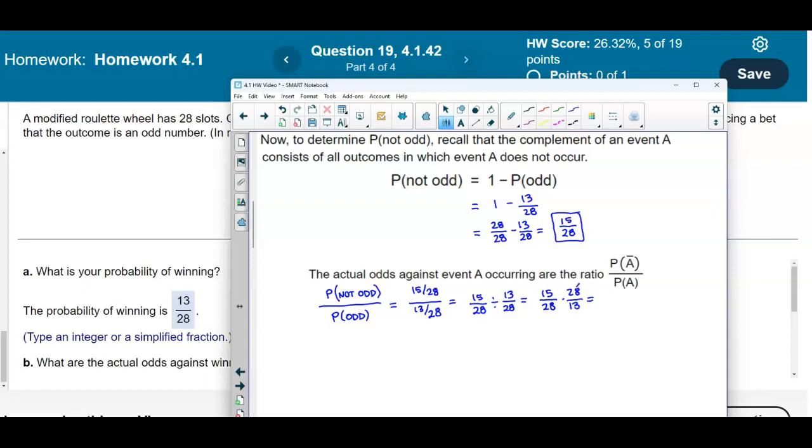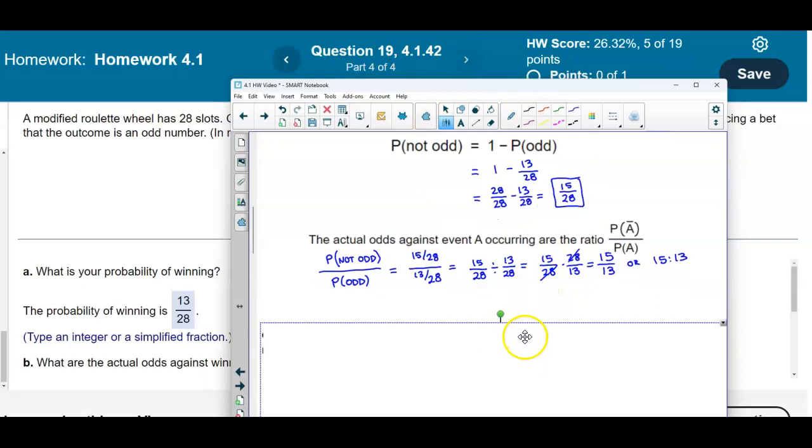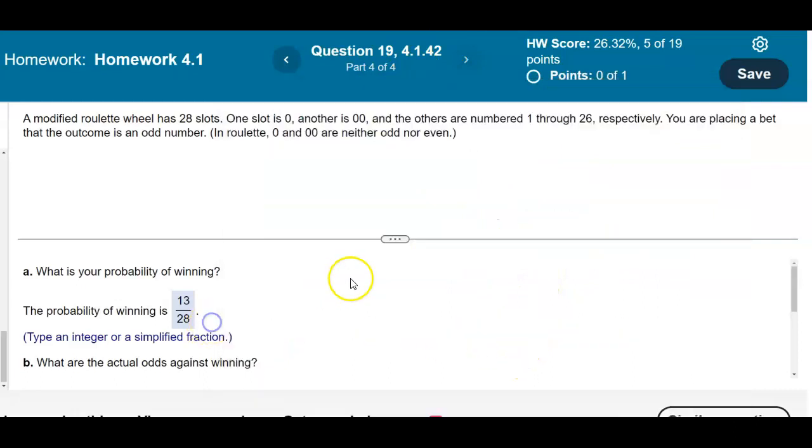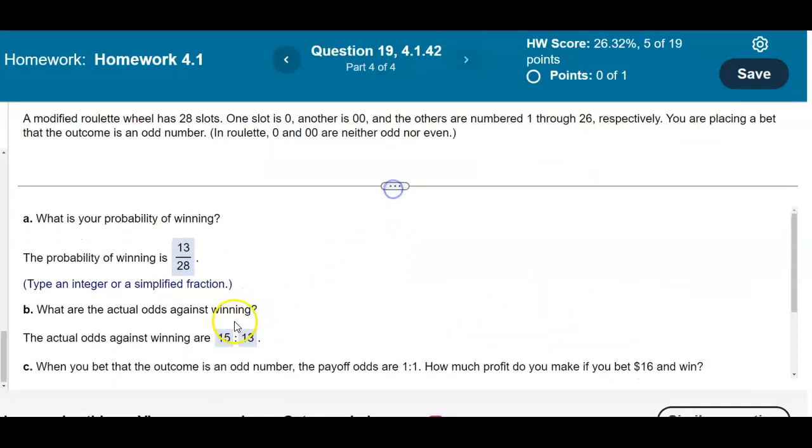We can simplify the 28s, so we have 15 over 13, or we would write this as the odds are 15 to 13. So let's write our answer here. What are the actual odds against winning? The actual odds against winning are 15 to 13.